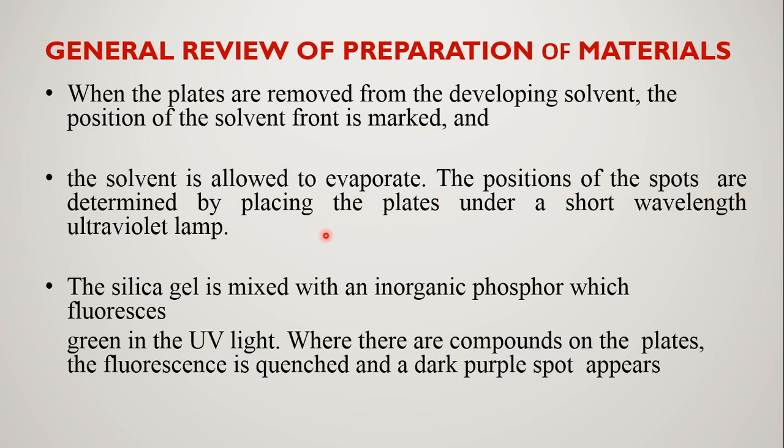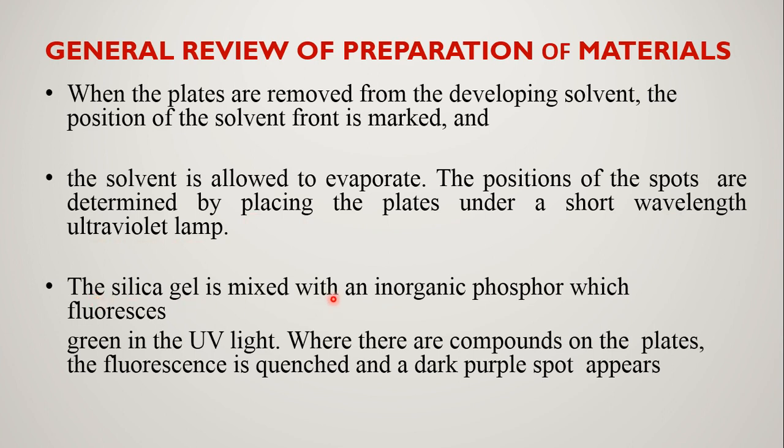Then the position of the spots are determined by placing the plates under a short wavelength UV light. When we use this technique, when our sample components are colorless, then we have to put these TLC plates inside this ultraviolet lamp which have shorter wavelengths.